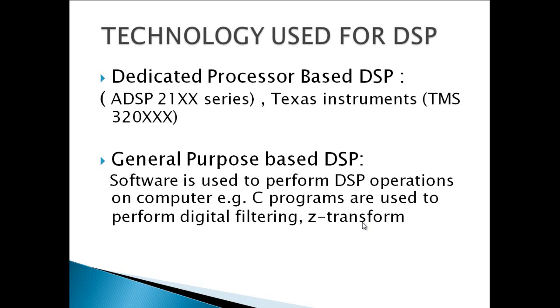In dedicated processor based DSPs, you have Analog Devices, like the ADSP 21XX series, or you have Texas Instruments TMS, or Motorola. These dedicated DSP processors are specifically designed for array operations, like multiply accumulate operations.